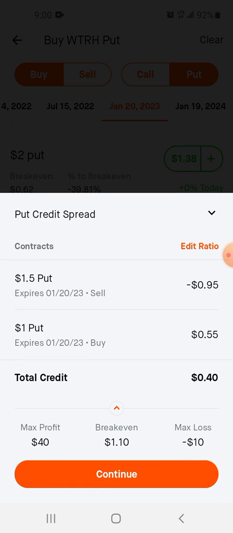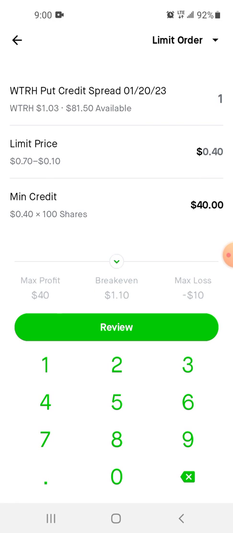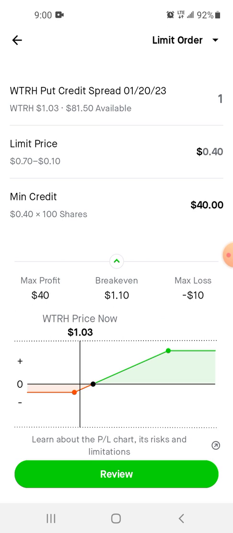You can see my credit is 40 cent or $40, and my collateral is going to be 50. The maximum loss is 10, but I'm going to roll that out at least 1 month unless I make a profit really fast on this. I'm not really going to lose money because I'm going to get 40 now, and then I'm going to get at least 10 when I roll it out.